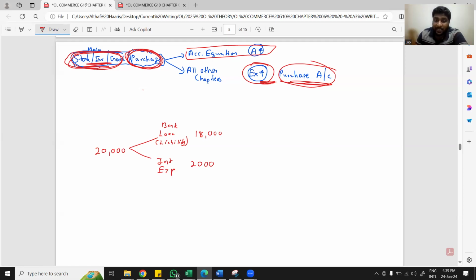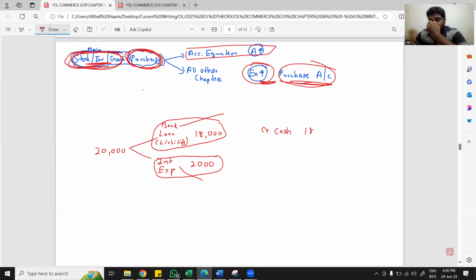Since this transaction has two different accounts, people, you have to write two different entries. Bank loan separately, interest expense separately. So let's write it for the bank loan first. My cash is going out, 18,000.